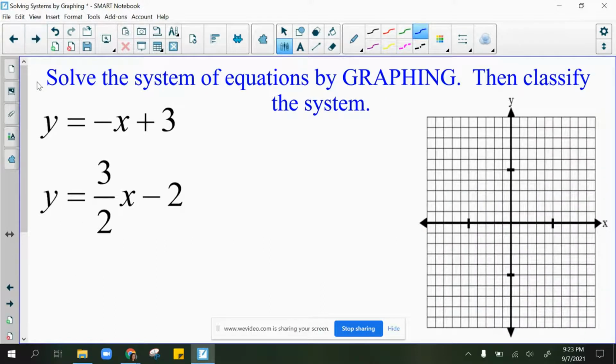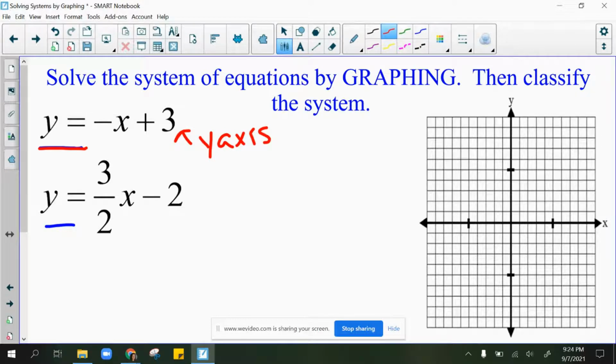So I'm going to do an example for you. I want you to notice that this one, they are both ready to graph because they have y equals and y equals. So they're both ready, so I don't have to do much work. So what I'm going to do is I'm going to graph the first line in red, and I'm going to start here. On the y-axis, I'm going to put a point at 3. So it's positive 3.